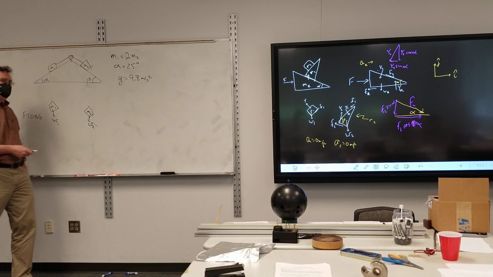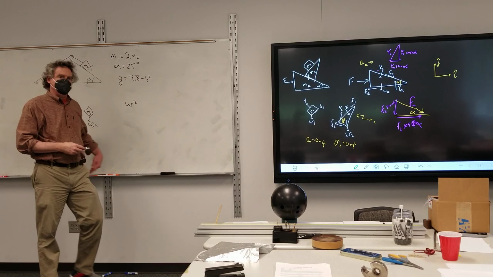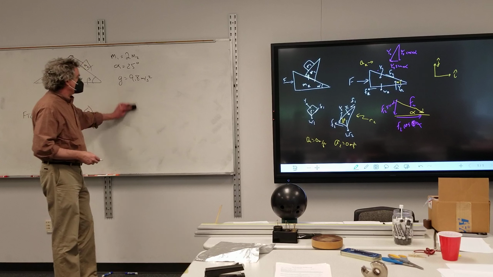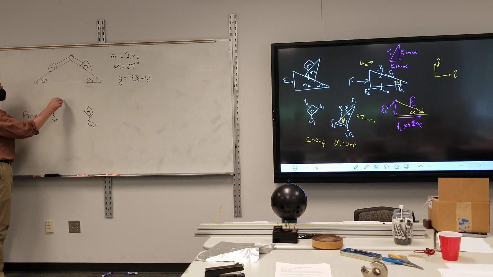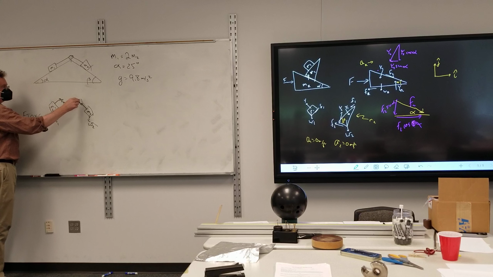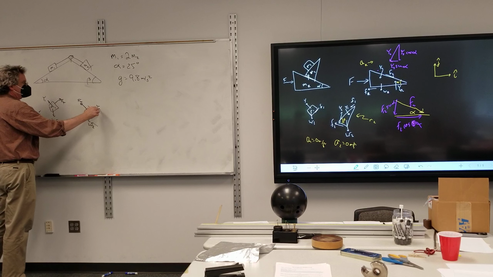I notice some people when they draw it, the weight 2 like that, that's actually W squared, so it should be a subscript. There's tension. I know that the tensions, because it's an ideal rope and pulley, are equal. I don't need different subscripts there. There's no friction. The only other thing is normal force, N1, N2.